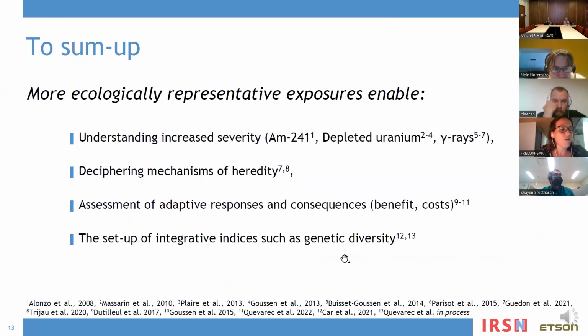Then to sum up all these results, I had only time to develop on 2 examples, but more ecologically relevant exposure enables understanding increased severity all around throughout all generations irradiated, enables also to decipher mechanisms of heredity, assess adaptive exposure, adaptive responses and consequences, benefits or costs, and also enabled the setup of integrative indices such as genetic diversity that I cannot develop here.